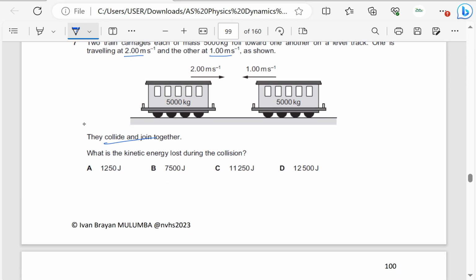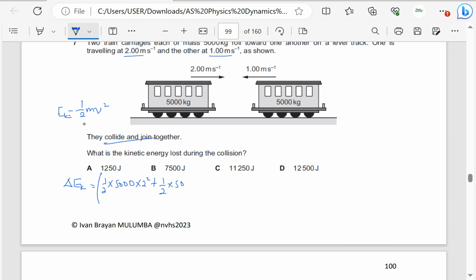Kinetic energy lost, okay. So the loss in kinetic energy is going to be equal to, remember kinetic energy is a half mv squared. I'll find total kinetic energy before, which is going to be a half times, the first one has mass of 5,000 times its speed, which is 2 squared, plus a half for the second one.